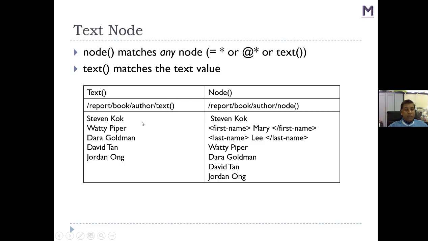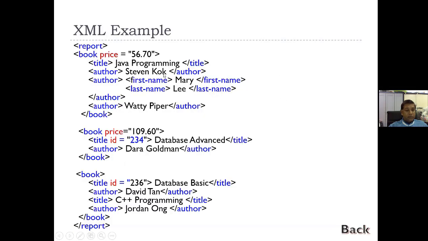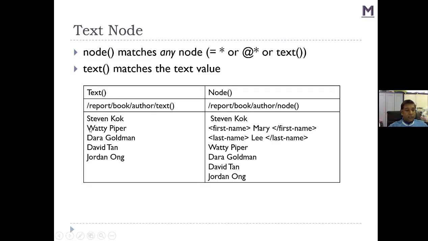So it will give you only the text content of the elements. Okay, if you look at the example here, only the text content of the elements. Okay, Stephen Cock, then all the text content it will give you. You see text content, Stephen Cock, then all this is the text content.